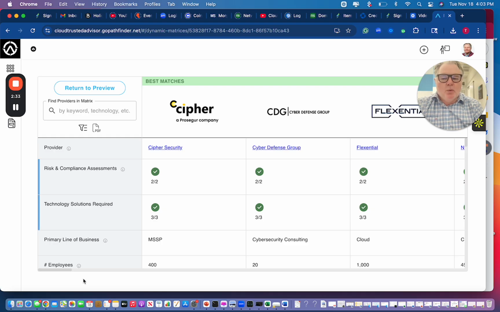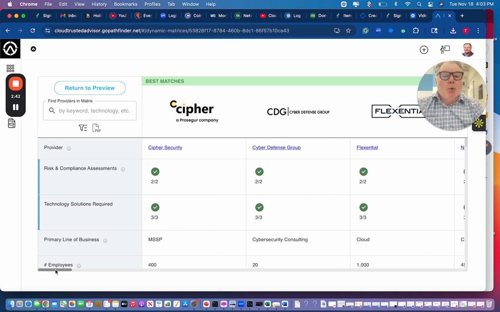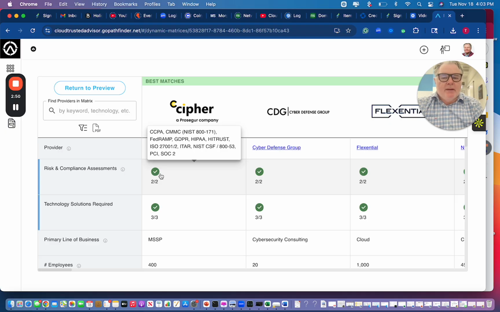Essentially what we've done here is given you a full research report of the top vendors that can support your requirements. When we chose the need for compliance, it looks at an entire database of all of the vendors that are out there to see who is the best fit for you.